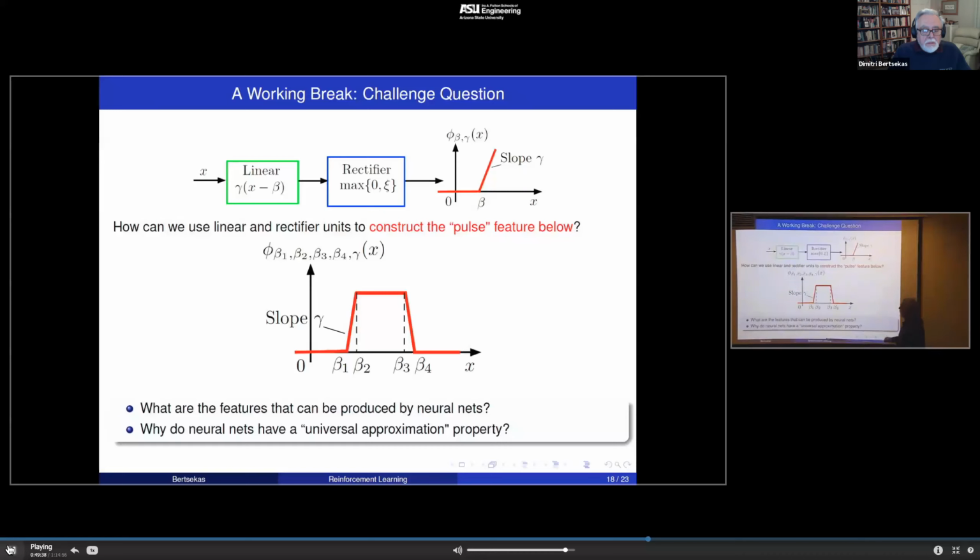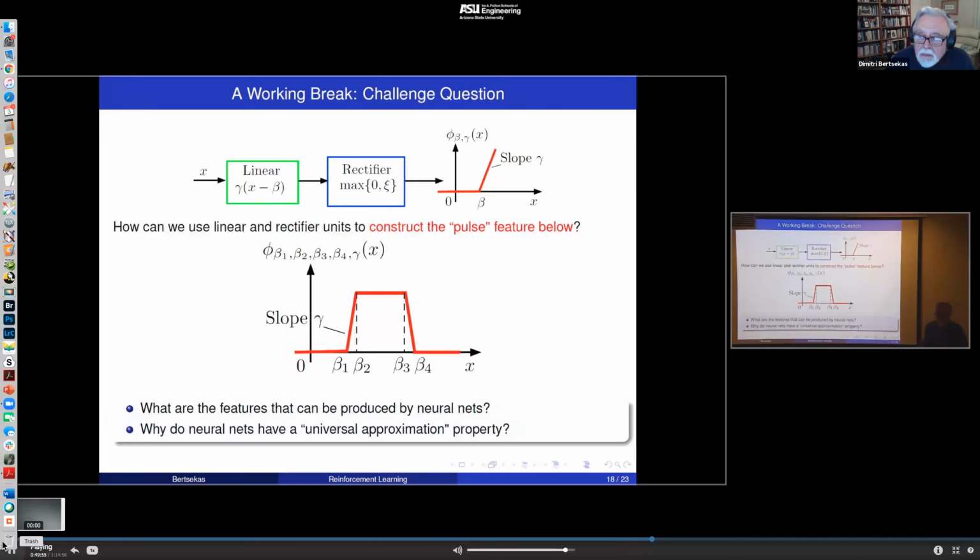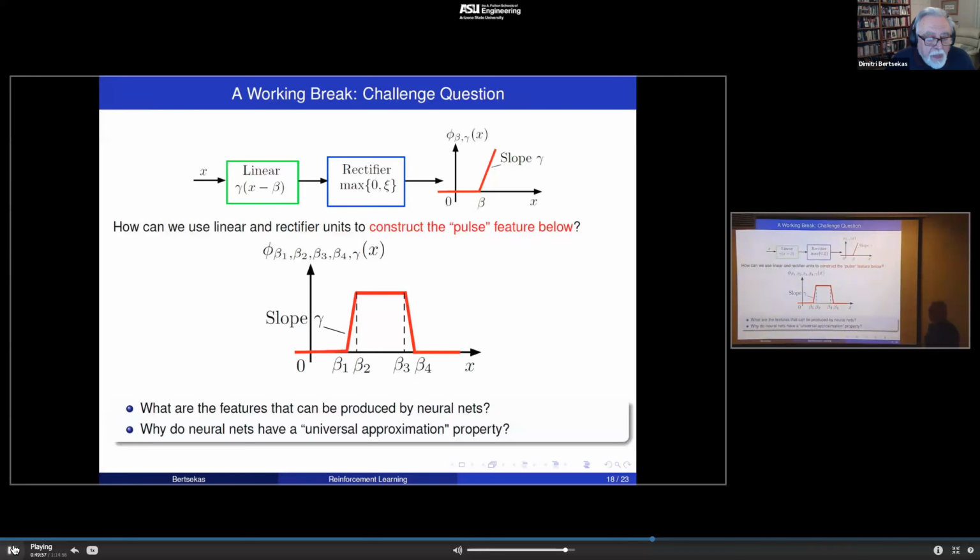And let's ask also, since you have this capability, what kinds of features can be produced by neural networks, at least in the scalar case, scalar x that I have here? And then go even further, why do neural networks have a universal approximation property? Okay, let's take a 5-minute break. This seems like a tough question, but in fact it's not. All you need to do is understand how you can build something like that by putting things together.